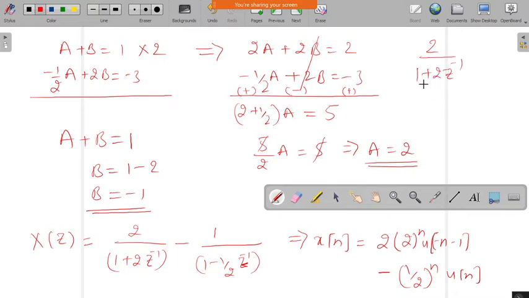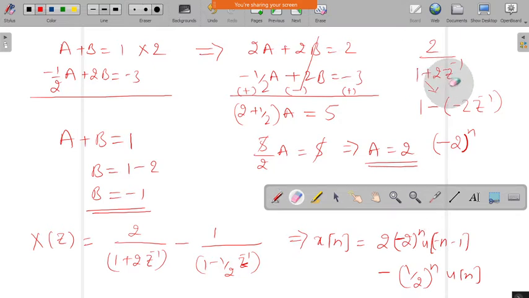Now here we can write this as 1 minus of minus 2 z inverse. So this denominator we can write as minus 2 whole power n. Yeah, here it is minus 2.